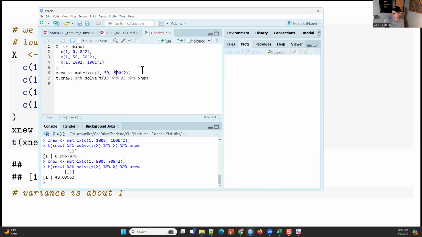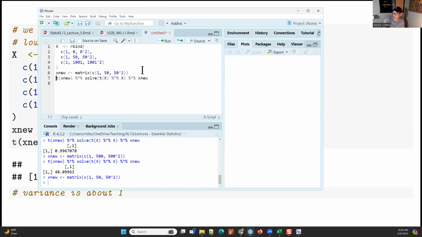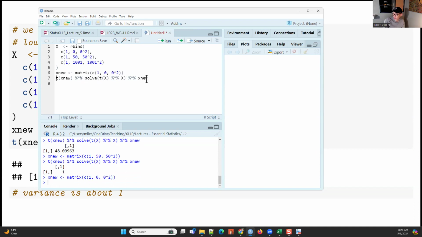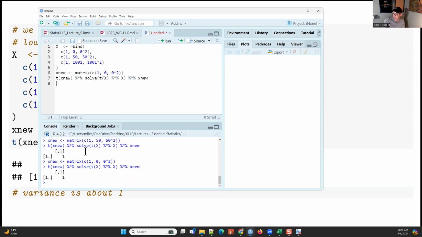If I bring something in near where I've observed around 50, then we get basically 1 right there. Similar if I put in something around 0. If you plug in something near where you've observed a value, you're going to get a little bit of variance there, okay?